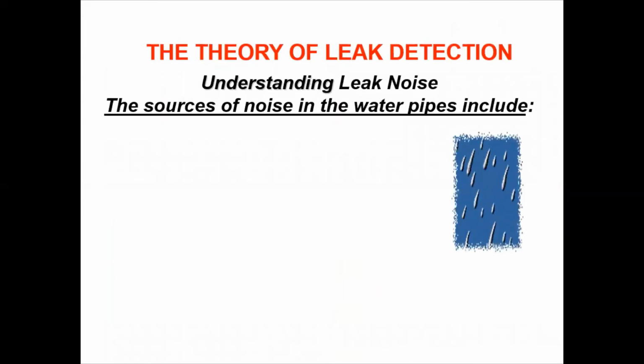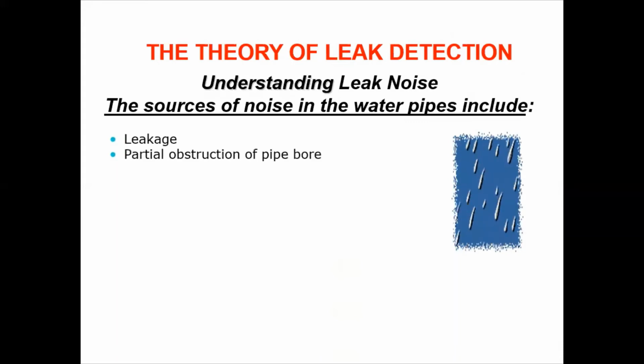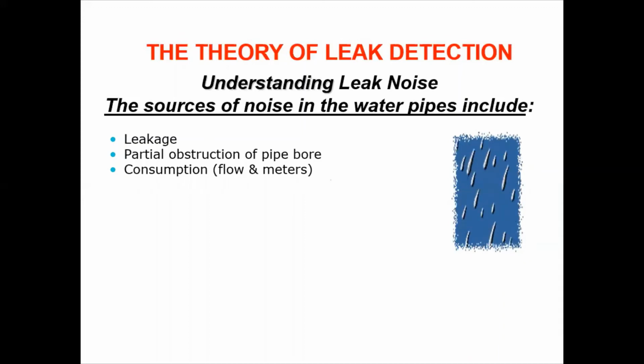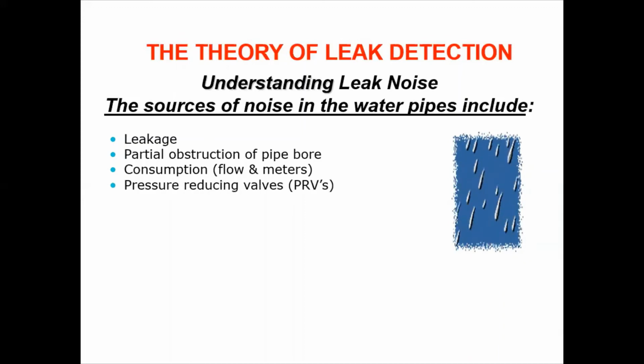So, understanding leak noise. The sources of noise in the water pipes can include, obviously, our leakage, partial obstruction of pipe bore on our old cast lines and even our ductile lines, consumption, flows or meters, pressure reducing valves, PRVs are big, and our control valves, depending on what time of day they are going to be modulating out in the system, and what time of the day our leak detection is done, whether it's a ground mic during the day or the loggers at night, that can create some noise out in the system.